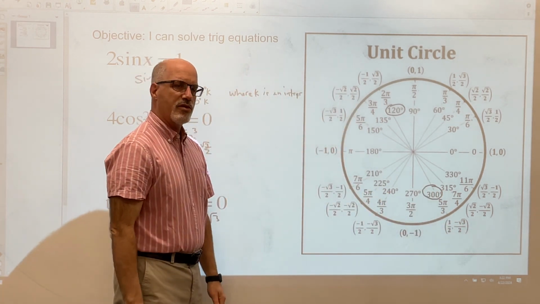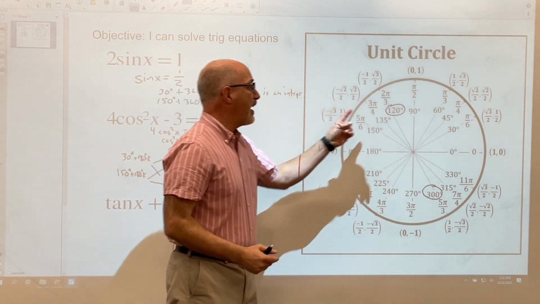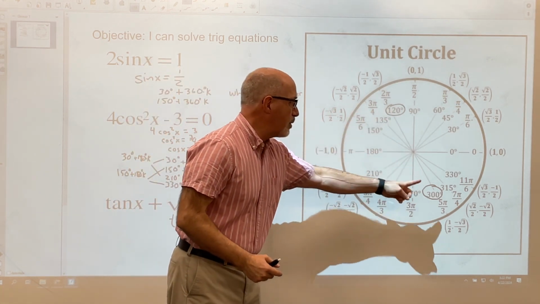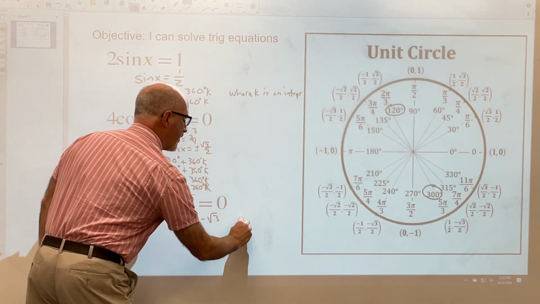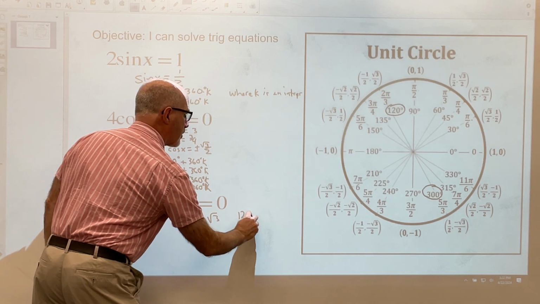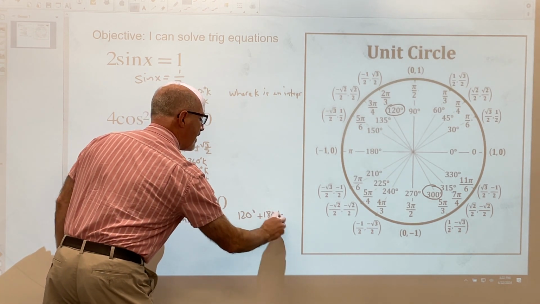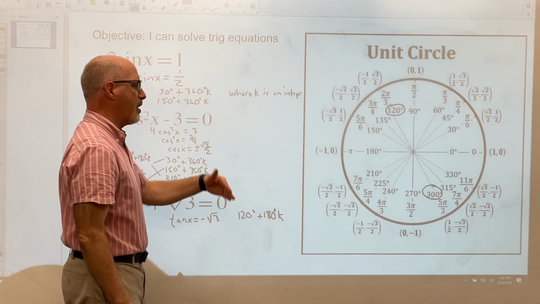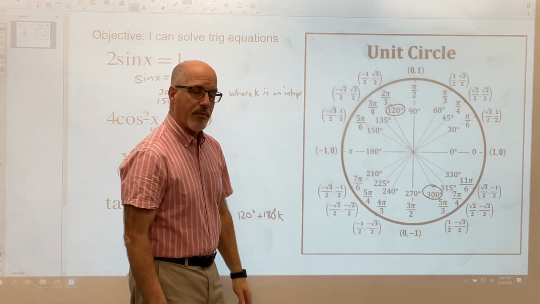Now if you look at those two, again, since the period is 180, if I add 180 onto 120, I get the 300. So all I need to write for this one is 120 degrees plus 180k, because it repeats every 180. So another 180 would bring it back around to the other way.